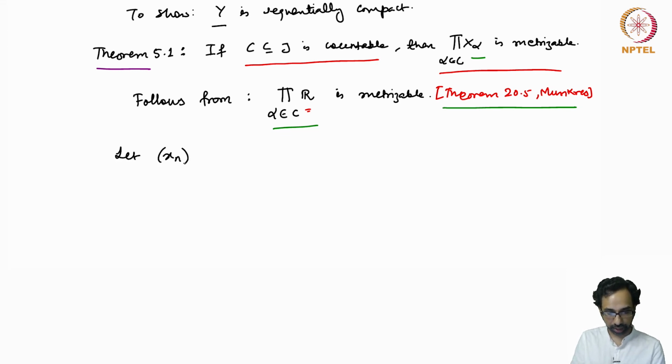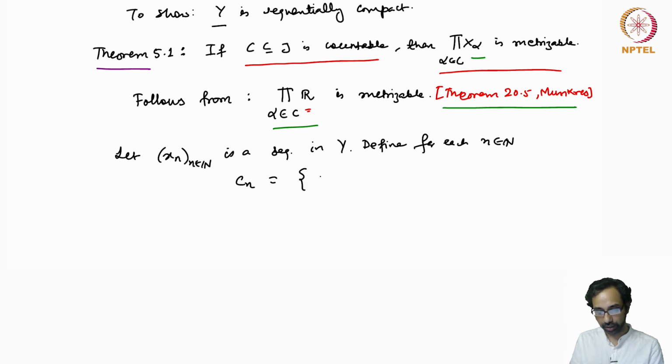So we suppose that x_n, n in N, is a sequence in Y, and define for each n the set C_n, which is the collection of indices, the points in J, such that the alpha-th coordinate of x_n in this sequence is equal to 1.